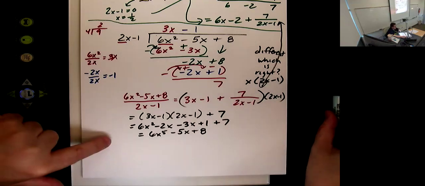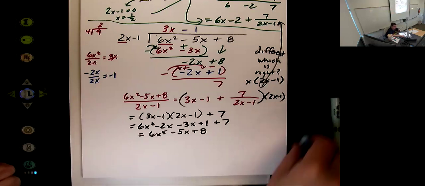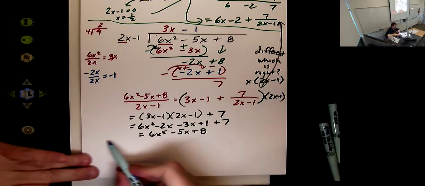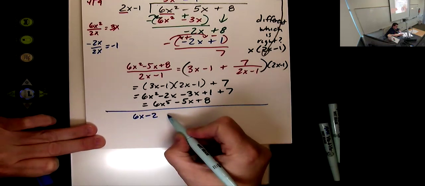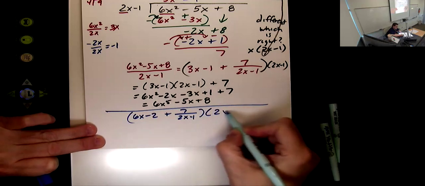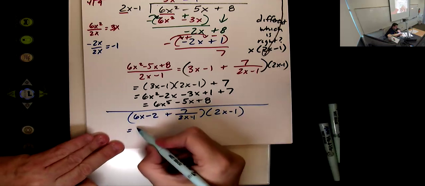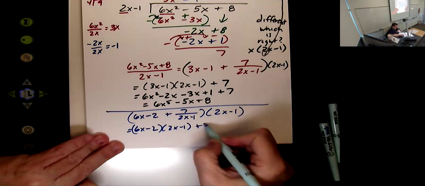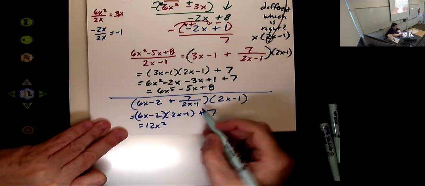This one's definitely right. So if we check the other one, I think you could see rather quickly right away that it goes awry. If we multiply 6x minus 2 plus 7 over 2x minus 1 times 2x minus 1, I can write it like I did before. But 6x times 2x is 12x squared, I'm already wrong.